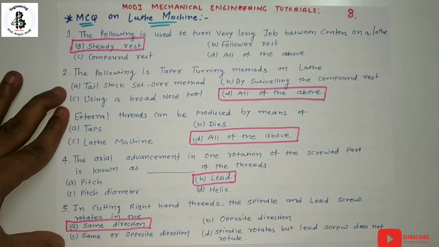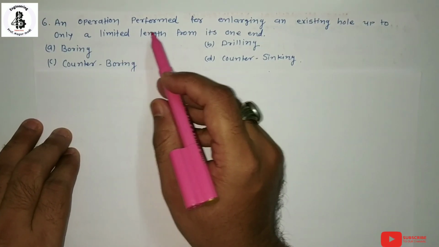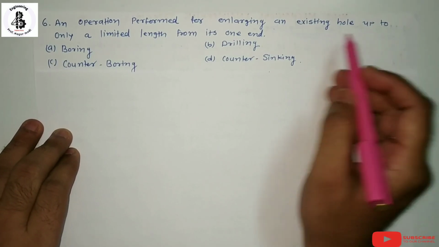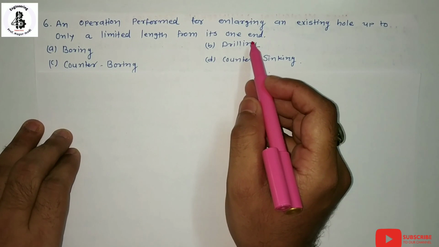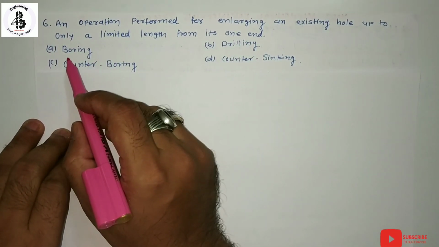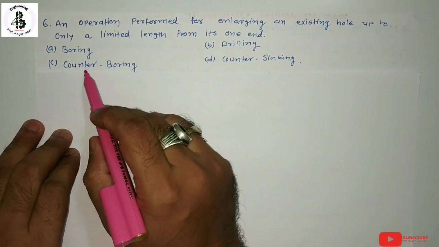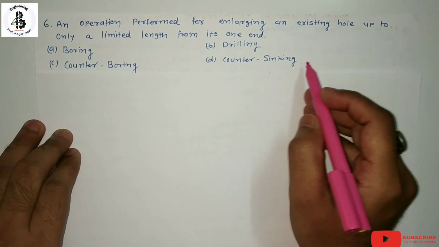The next question. An operation performed for enlarging an existing hole up to only a limited length from its one end. Option A boring, option B drilling, option C counter boring, and option D counter sinking.